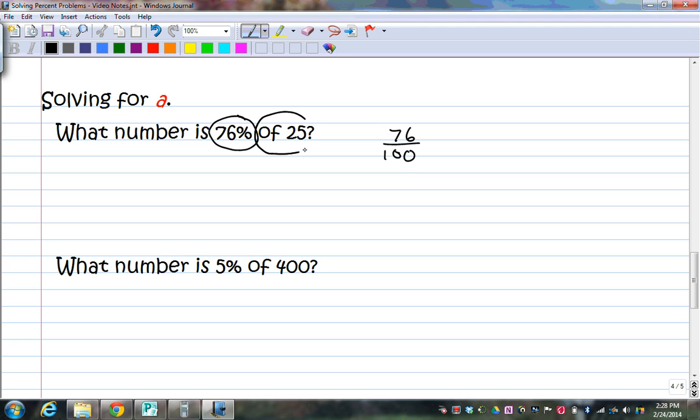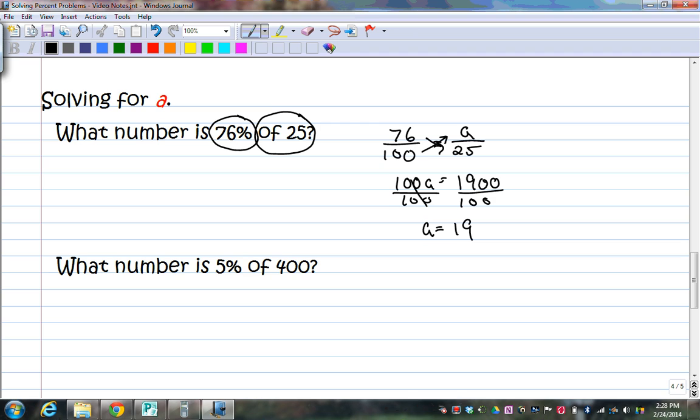But here, of 25. So 25 was given to us for our B. We're solving for A. Multiply diagonally, we have 100A. 76 times 25 is 1,900. Divide both sides by 100. And A is equal to 19.